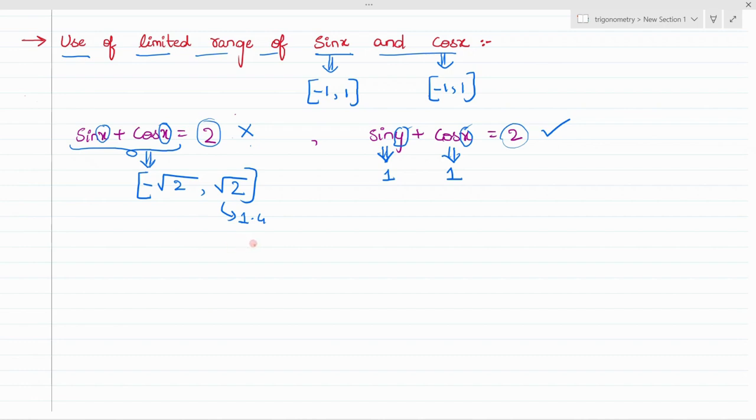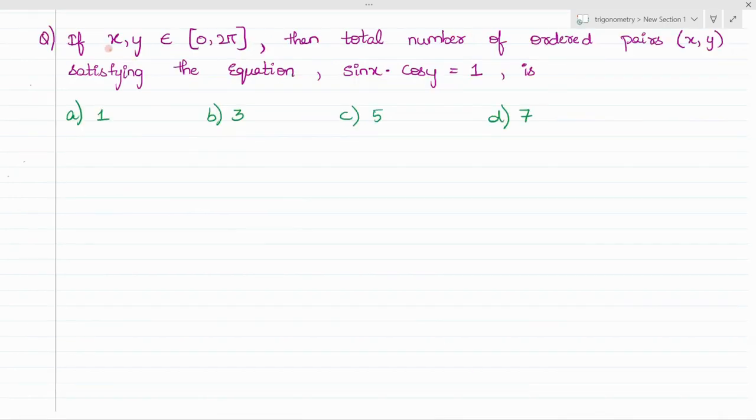Now let's solve a few questions to get a better idea of this concept. In this question, it is given that x, y belongs to the range 0 to 2 pi. Find the total number of ordered pairs x, y satisfying the equation sin x into cos y equal to 1.